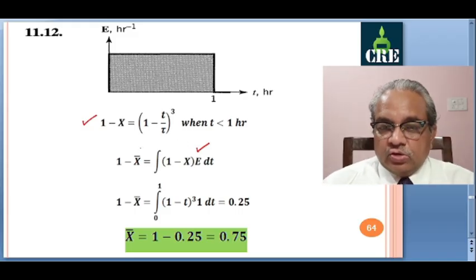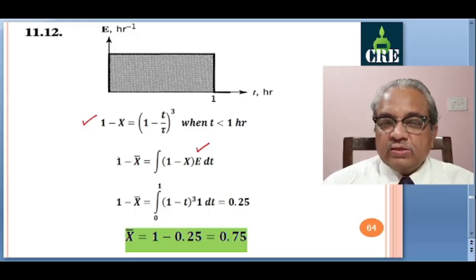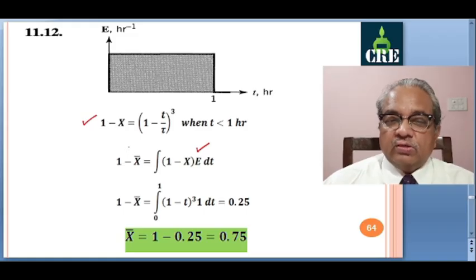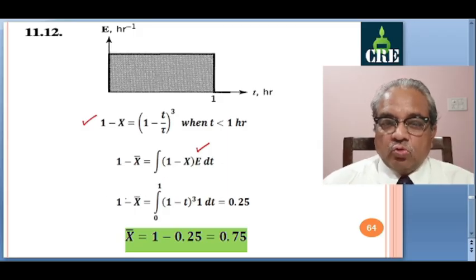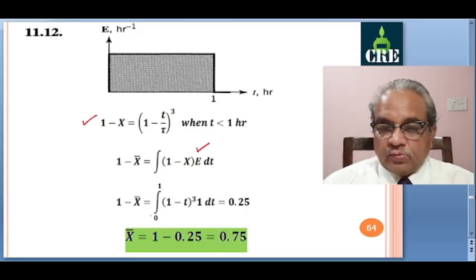So this 1 minus x bar is nothing but 1 minus Ca bar by Ca0, and that is Ca by Ca0. So 1 minus x bar, mean conversion, is between 0 to 1. Your normalized distribution, we say 0 to infinity, some high value.